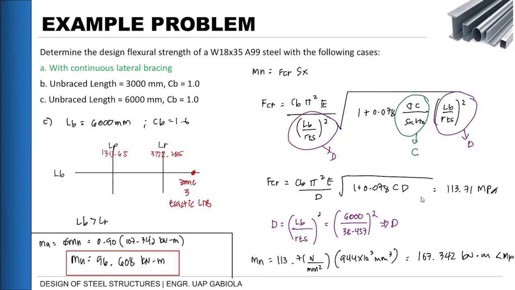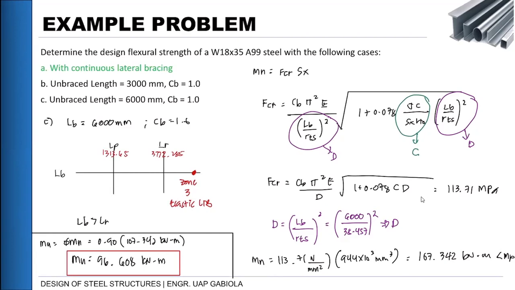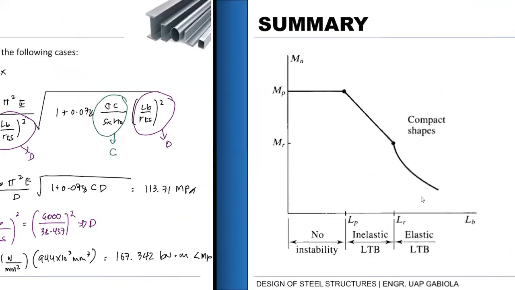Depende kung saan magpo-fall under yung value ng LB natin. Kung less than LP, in between LP and LR, or greater than LR. Okay? So, anong observation yung kailangan natin tandaan dito sa problem natin? So, we can look at this table, no?